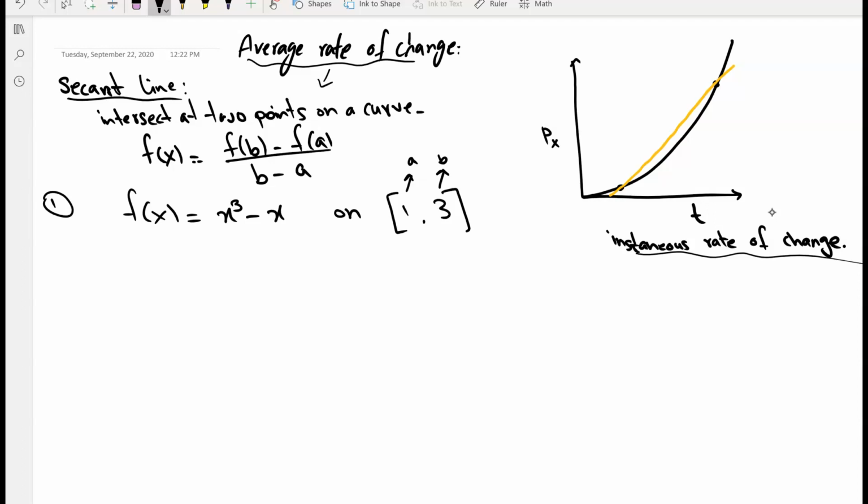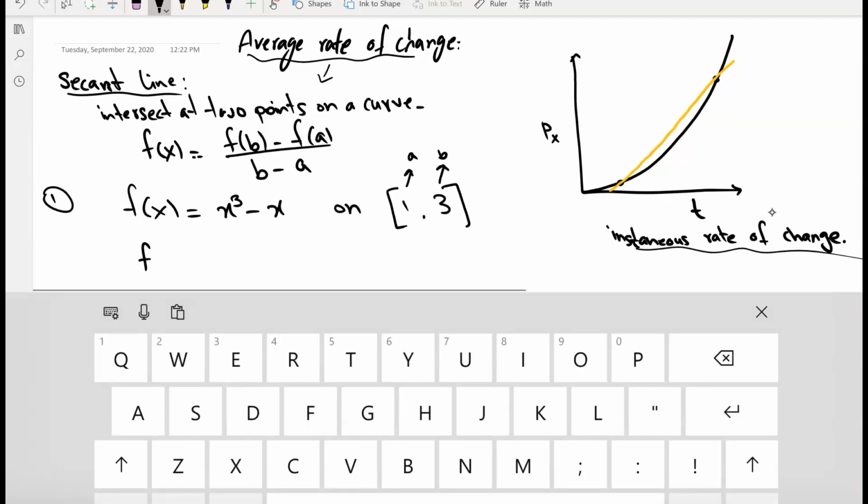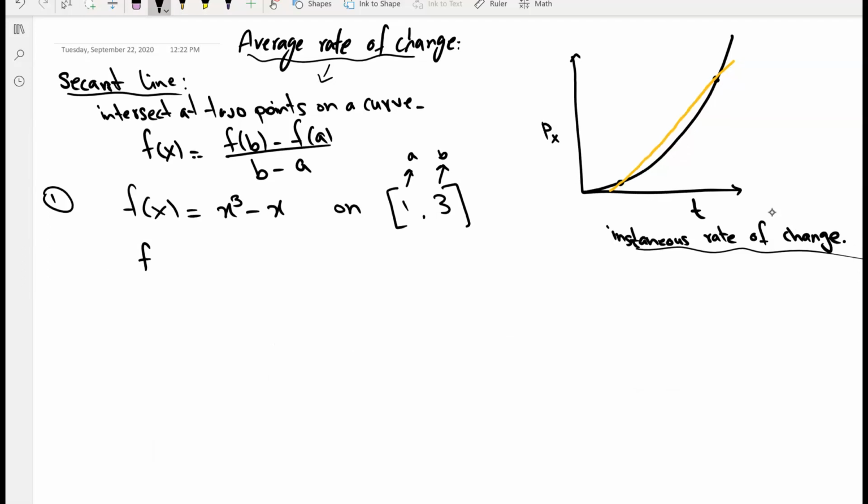So let's substitute the values, because the formula has f of b, so you need to calculate the f of b value. B is 3. So to calculate the average rate of change, this is what you need: f of b, b is 3, minus f of a, which is 1, over b, which is 3, minus a.